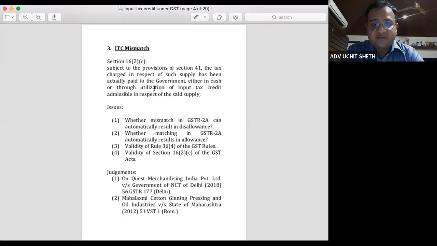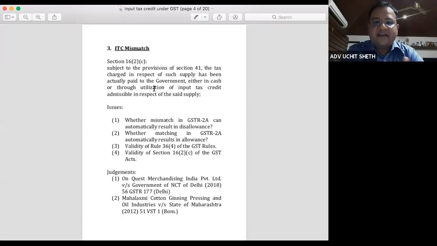Now, it is very important to understand that the legislature says that you will be entitled to input tax credit of tax charged which has been actually paid to the government. So your vendor should have actually paid the tax to the government for you to be entitled to input tax credit.